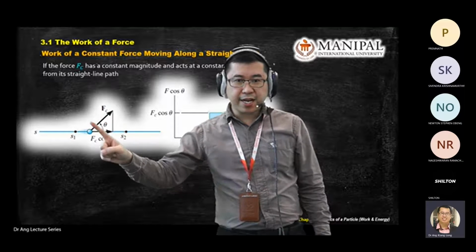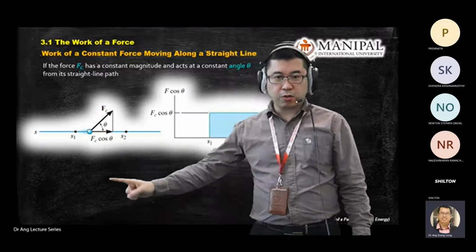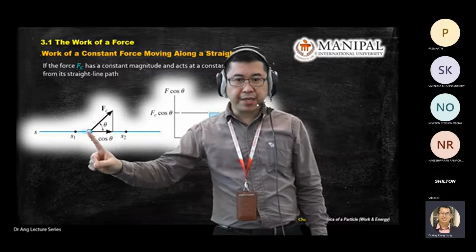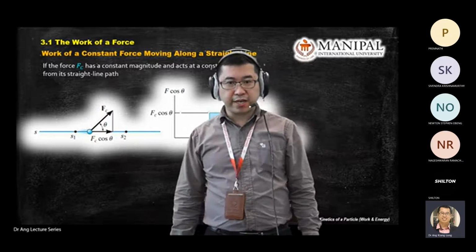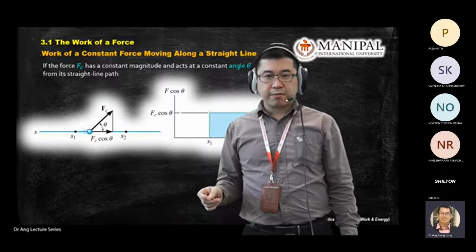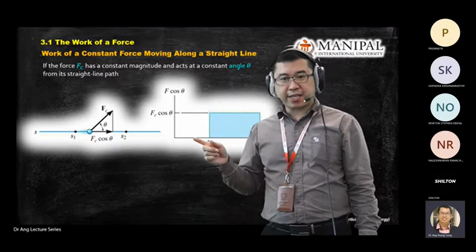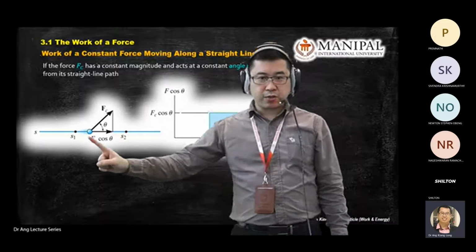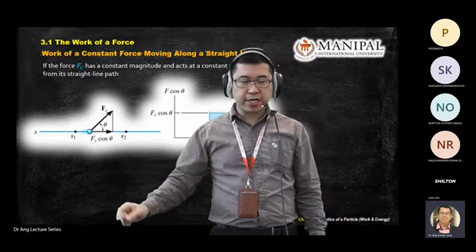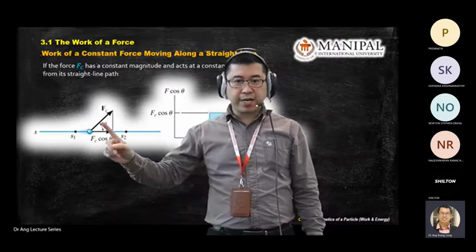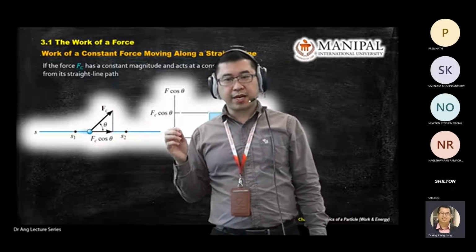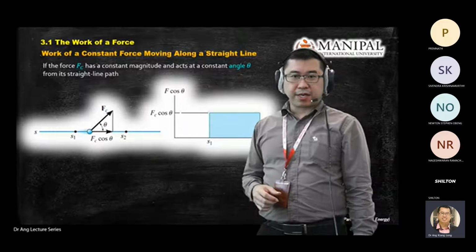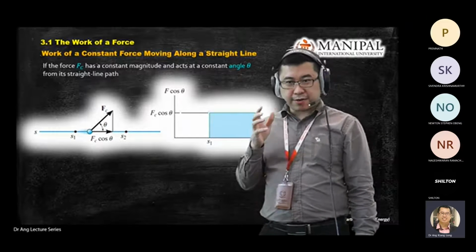F sin theta does not do work, although there's a force going up, because F cos 90 ds gives you 0. So that's why there's no arrow pointing here. Although you can put an arrow there, it doesn't help you in calculating the work. Just remember that.